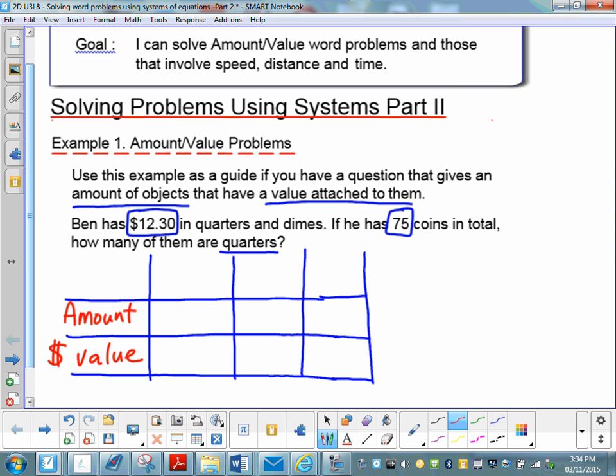So we're trying to find the number of quarters. And the other variable that we don't know is the number of dimes. And my last column is the total, because these questions involve the total number of coins or the total value you have in the coins.